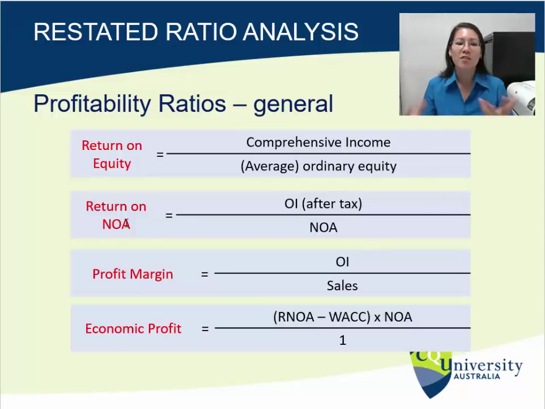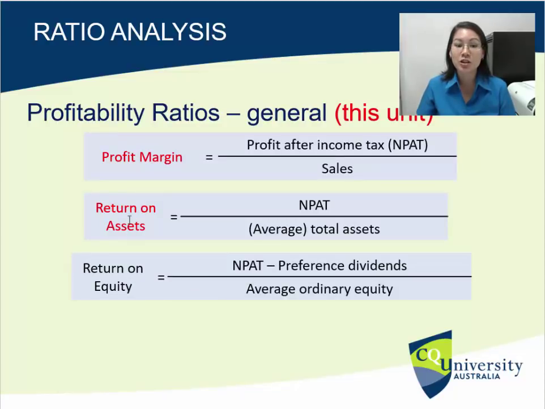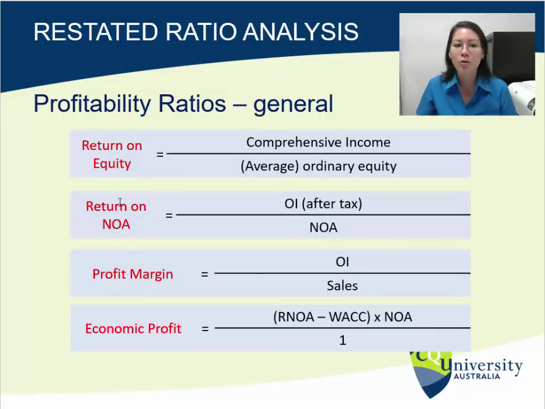So again, you want to see a high figure. And talk about the comparisons, because you calculate both of those. So you calculate the return on assets using your original financial statement figures, so you'll get a percentage figure there. And then you also calculate the RNOA, or the return on net operating assets, using your restated figures. So compare them. Is one higher than the other, and why? Look at the inputs. So we calculate RNOA here.